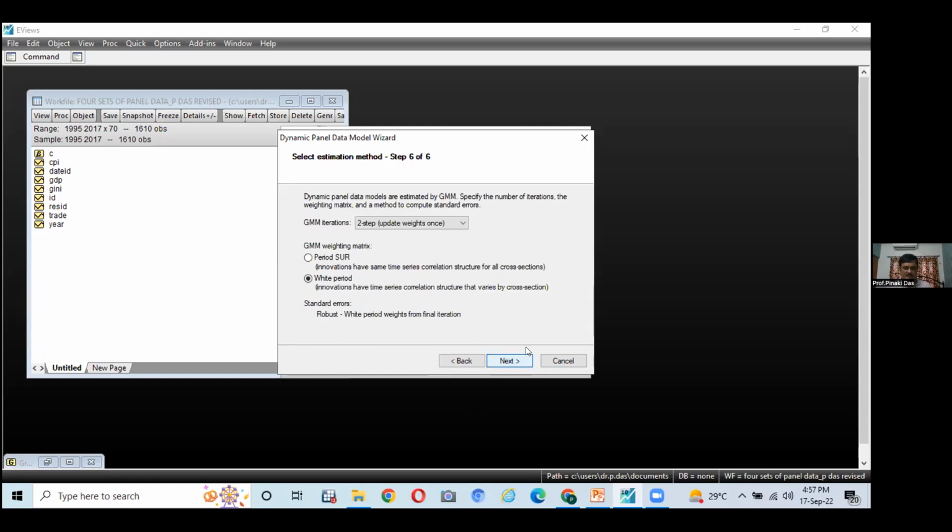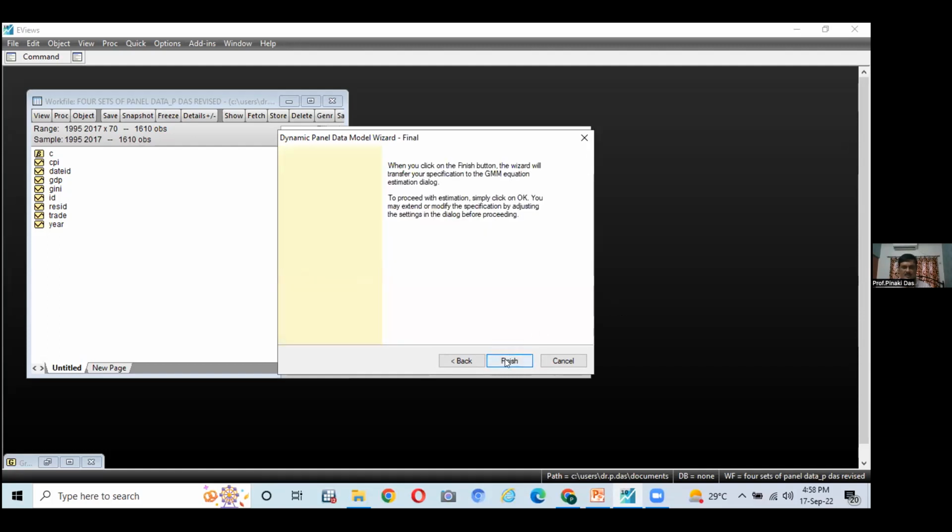Then next, this is the final step of the estimation. Here it is the GMM estimation, two-step estimation, and the particular type of estimation is white period. We select this white period as well as two-step estimation of the GMM iteration.